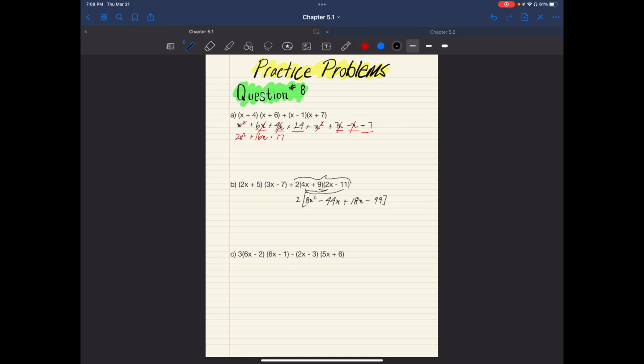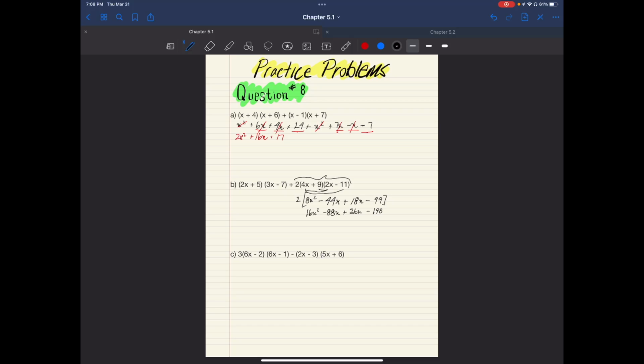We're going to add that 2 in. We are left with 16x squared minus 88x plus 36x. 99 and 2 is 198.